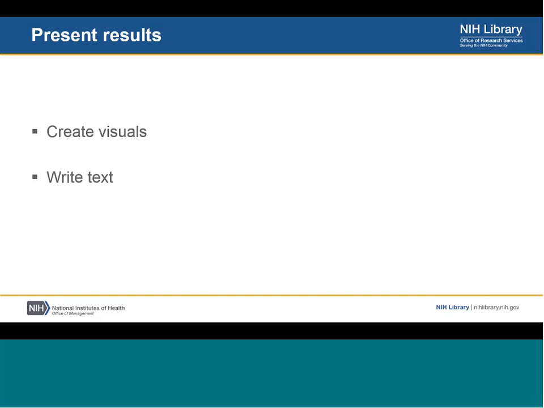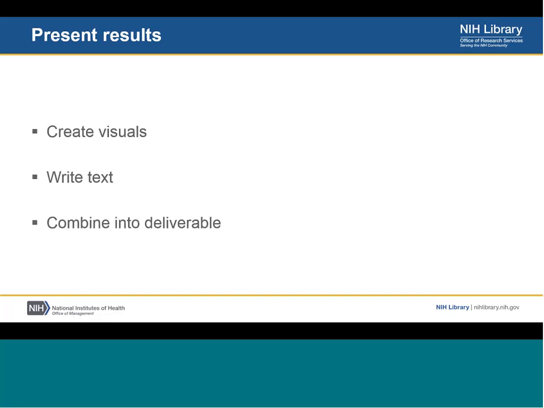We also write a number of texts to at least speak to the limitations of the bibliometric approaches and analyses that we're taking. So again, we can recommend that people use or interpret our analyses in certain ways, and we recommend that our analysis be used in combination with other forms of evaluation, so that we can offer recommendations as to how to actually use the analyses that we give them.